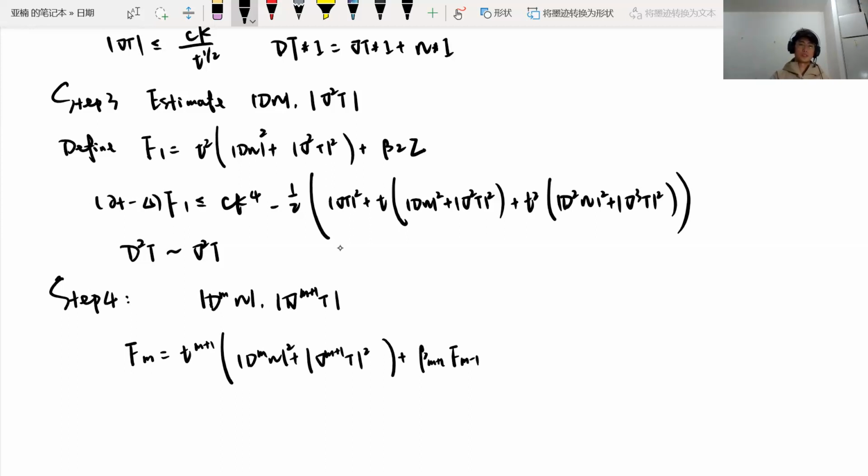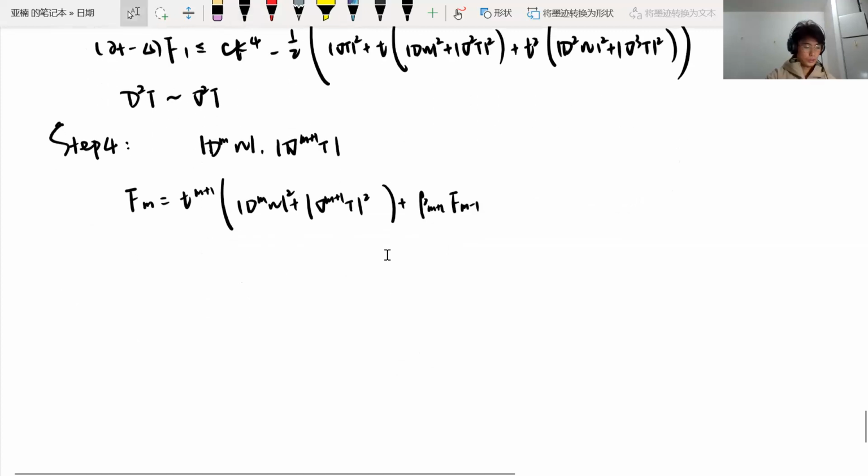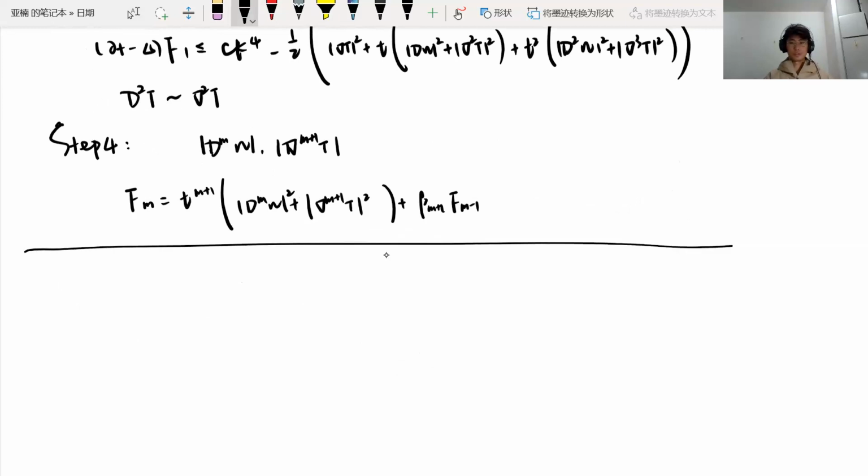And the equation is similar. Thus we complete the proof of Theorem A.